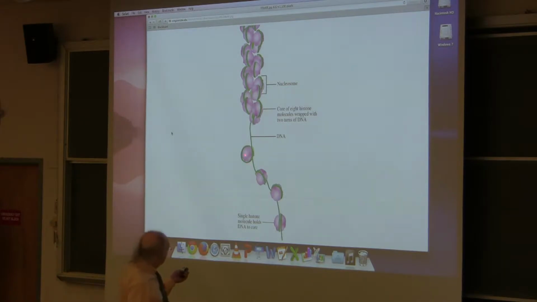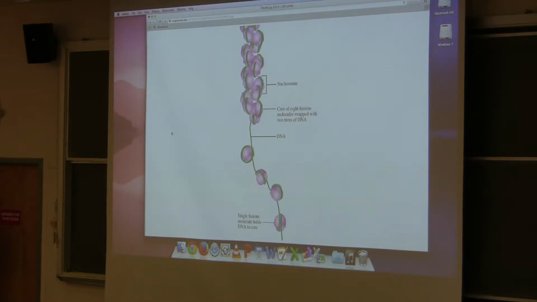The histones are schematically shown on this figure as little round balls, okay? So we can think of a ball of yarn that we're wrapping around there, and the DNA is the green stuff that's wrapping around. Now, you'll notice I described the histones as having a positive charge, and that turns out to be really useful because the DNA in its backbone, you learned on Wednesday, has a negative charge.